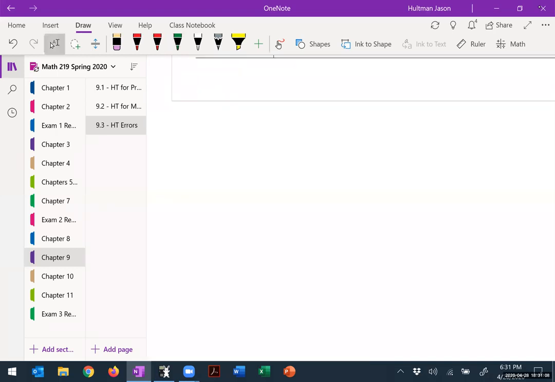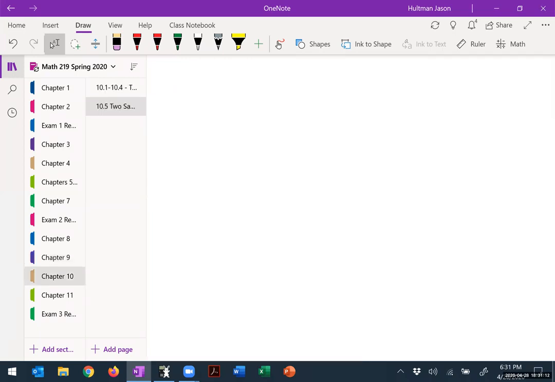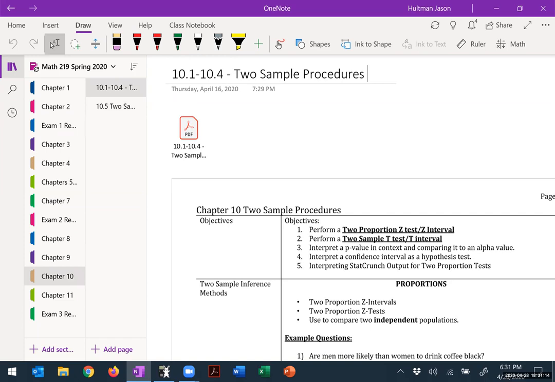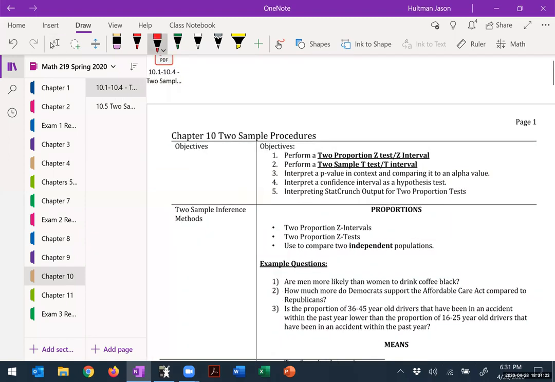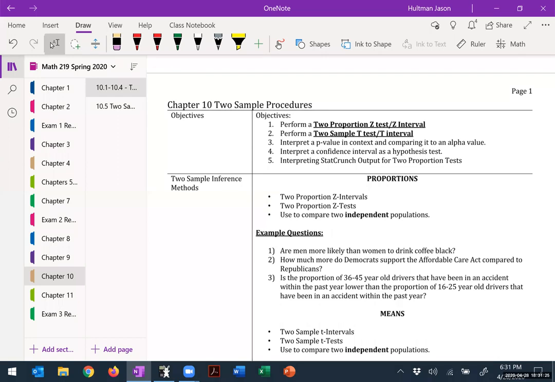So that's the end for 9.3. Let's jump into chapter 10 now, 10.1. Here we're going to do two proportion z-test, two proportions.